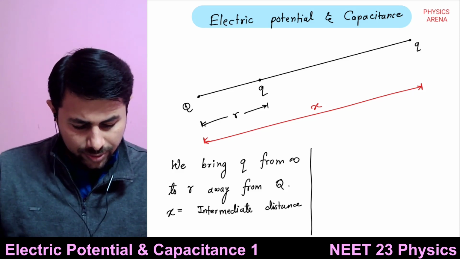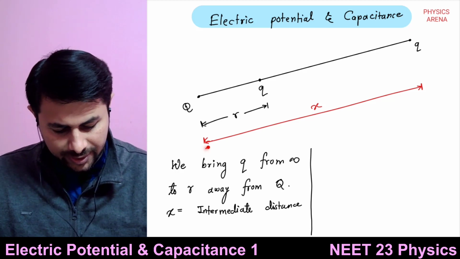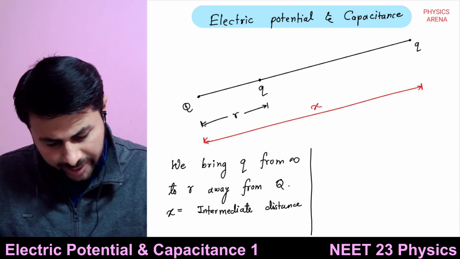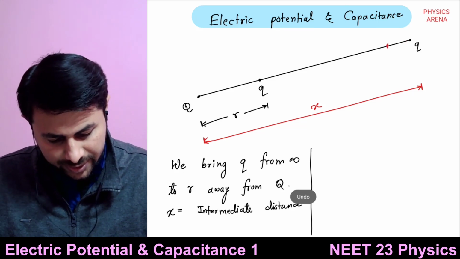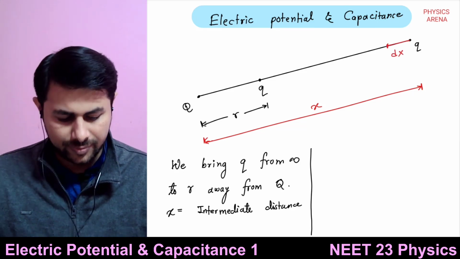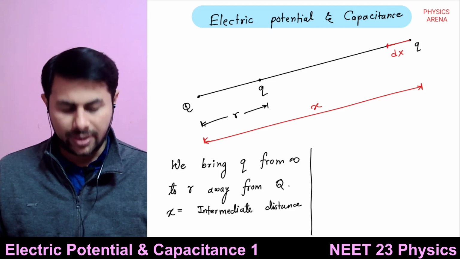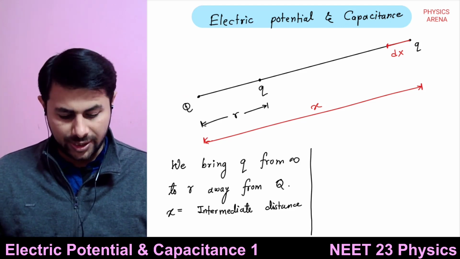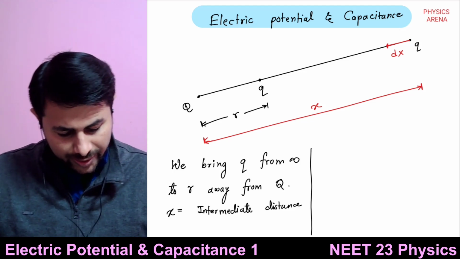Now it is at distance x away and you move it a little bit closer. Let's suppose you move it by this much distance, let's call it dx. There will be some work done against the electric field, or force, due to this charge capital Q. So what will be that work?